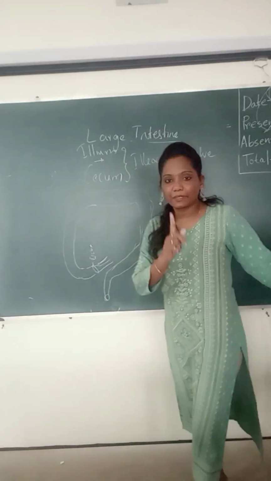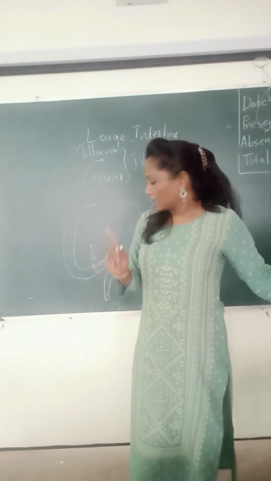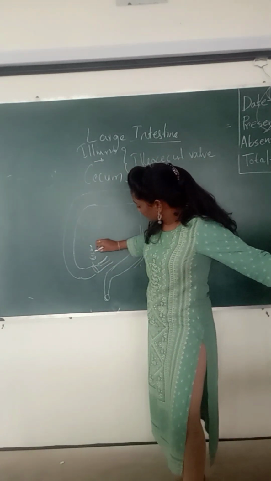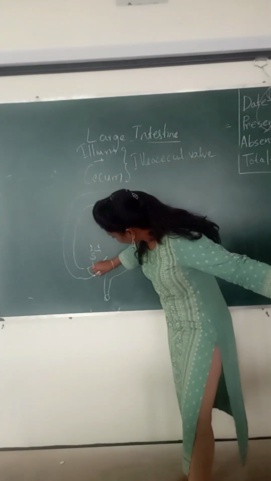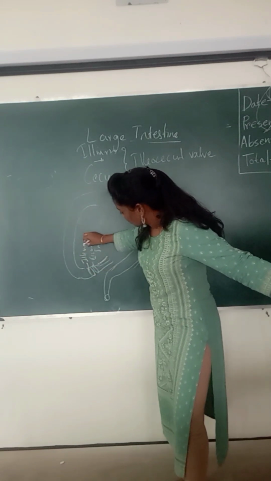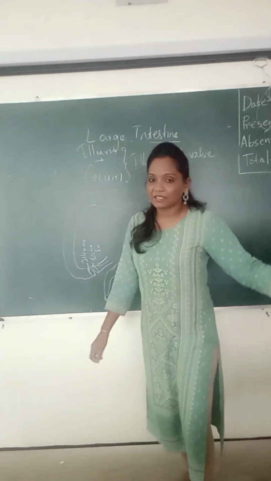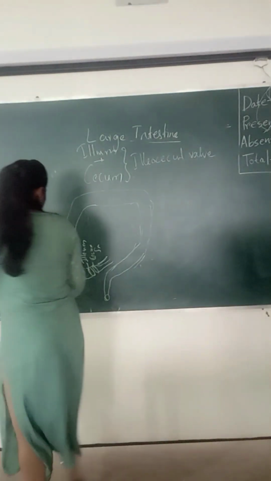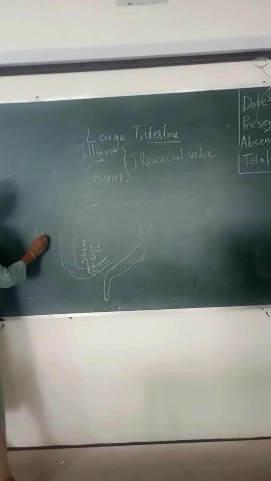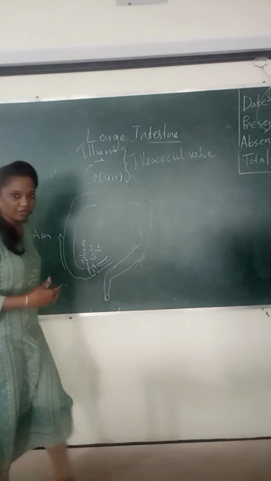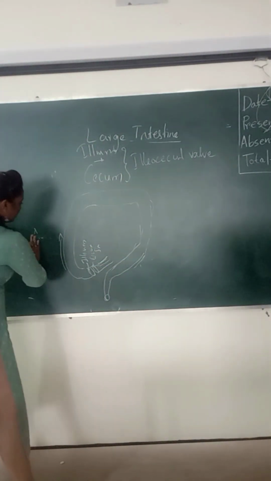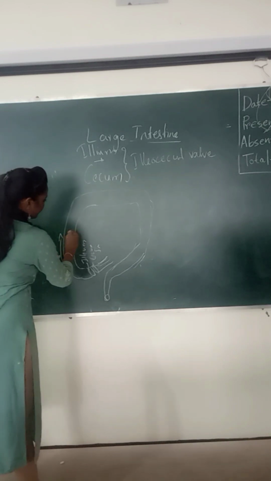It is approximately 1.5 meters in length. The cecum is the ending portion of the small intestine, and the starting portion of the large intestine. When it goes up, we call it the ascending colon. When we are going up, we call it ascending.